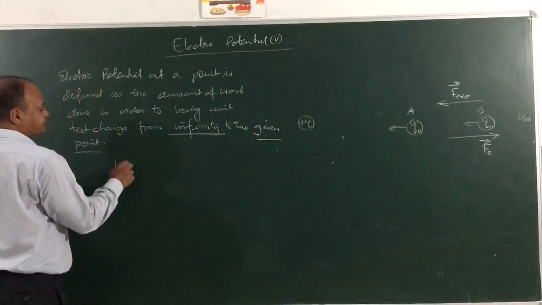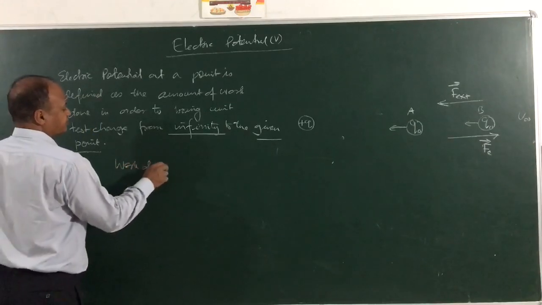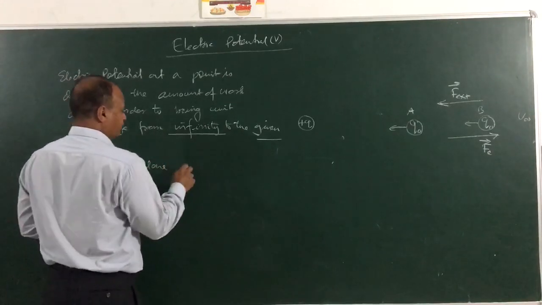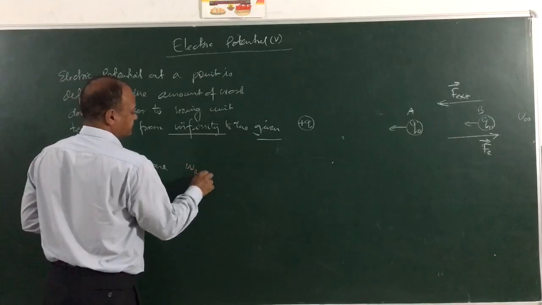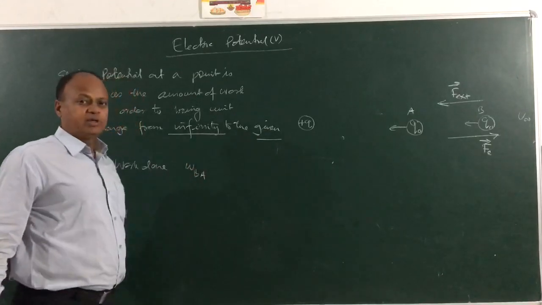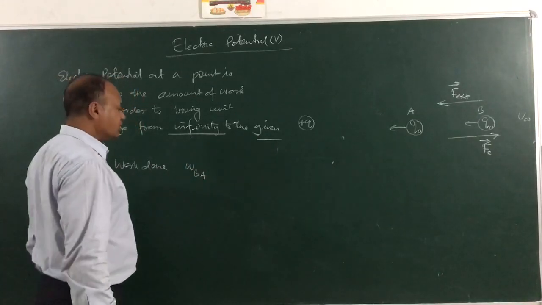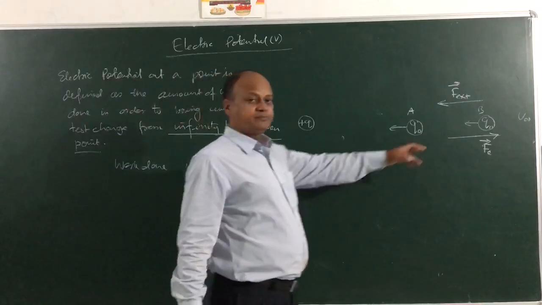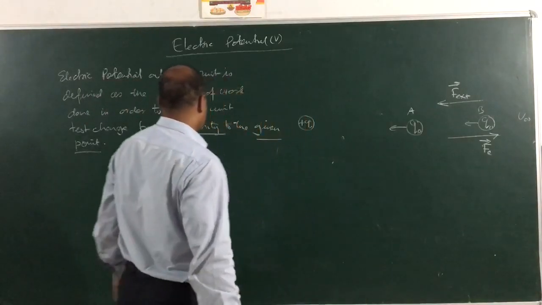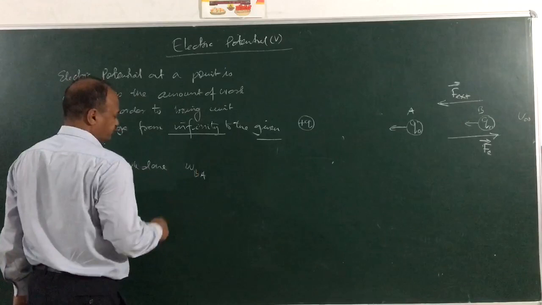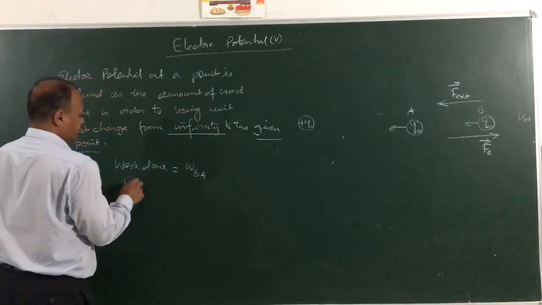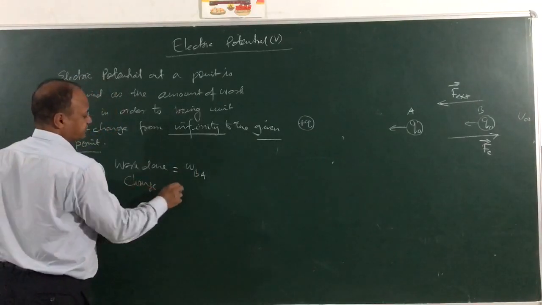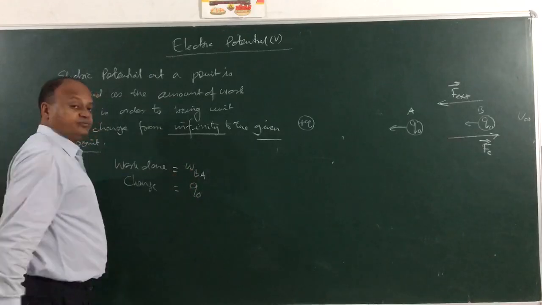then the work done W_BA, going from B to A, is the net work which I am doing in bringing what charge? Q0. What transfer of charge? Q0.